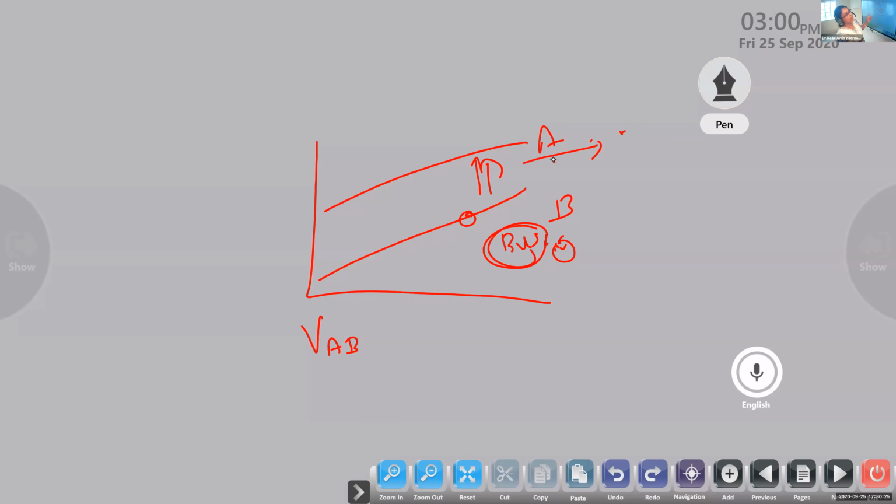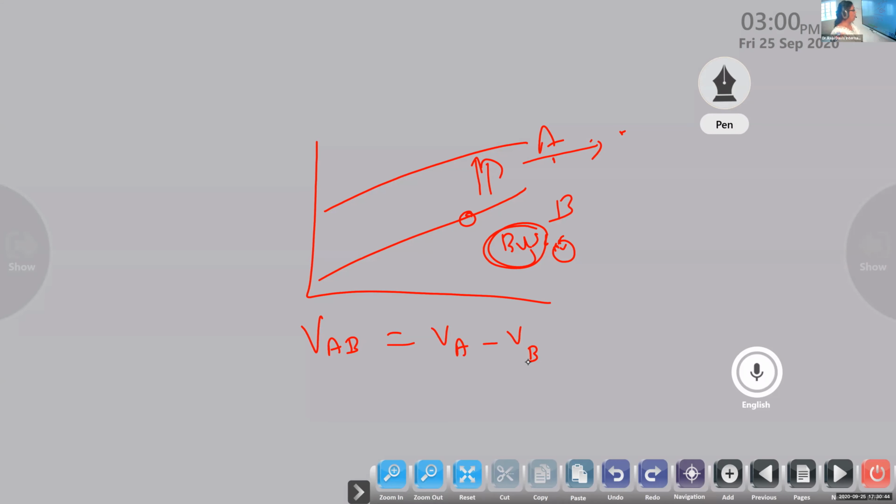How is the relative velocity changing for A? That's the meaning. Got it? It is the difference between the individual velocity of A and the individual velocity of B.